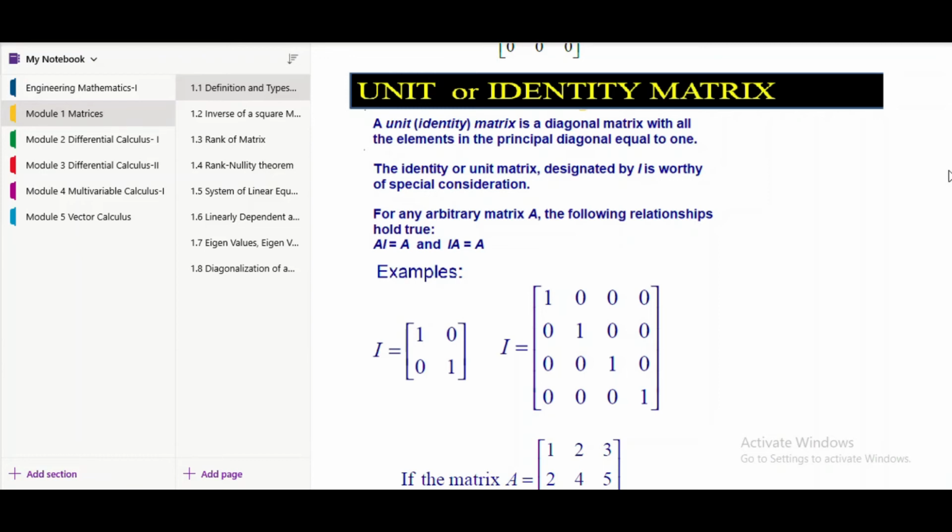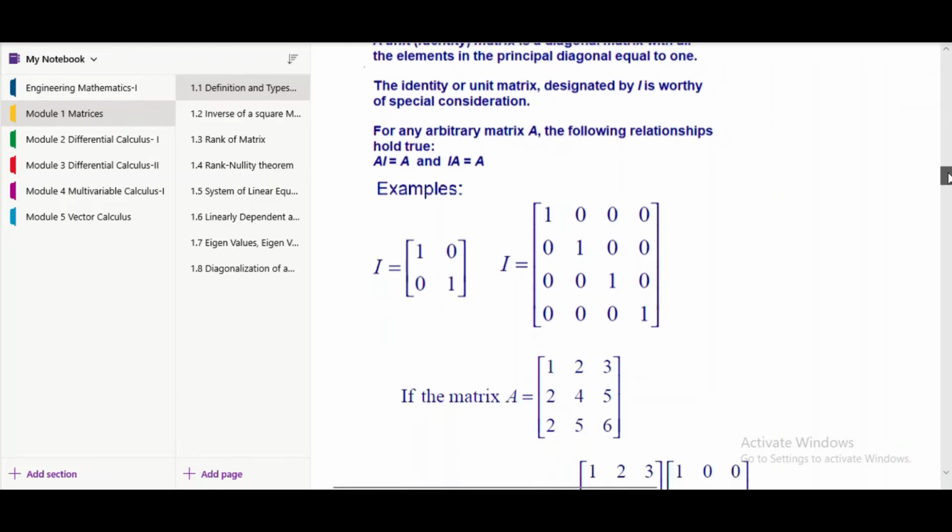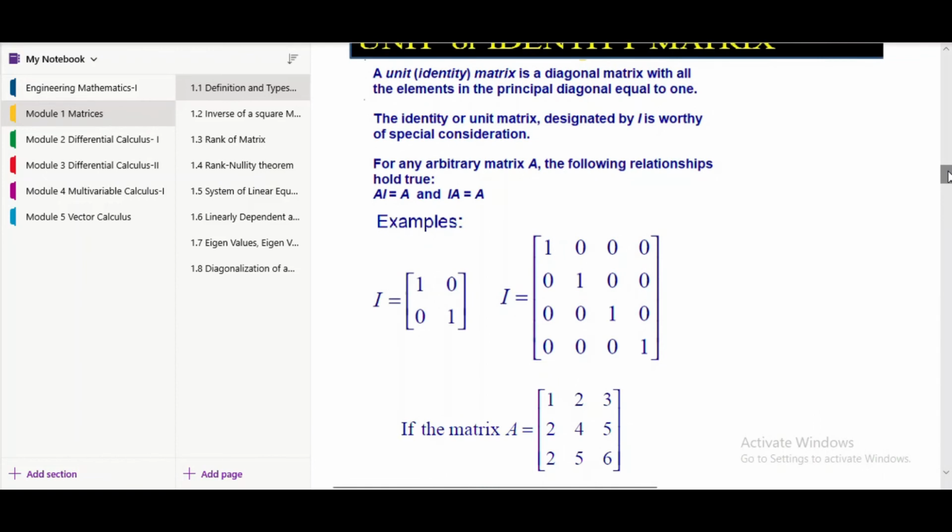For any arbitrary matrix A, the following relationship holds true. If we multiply an arbitrary matrix A by the identity matrix, then the result will be the arbitrary matrix A. Like A into I is equal to A, and similarly I into A will be A.